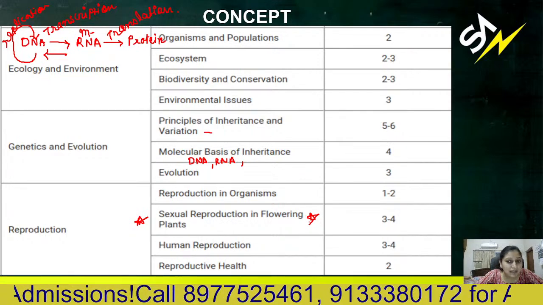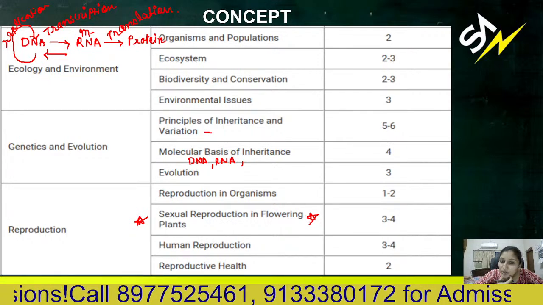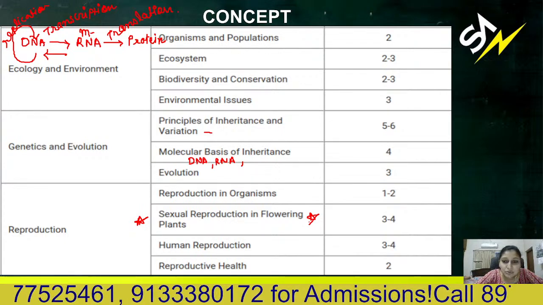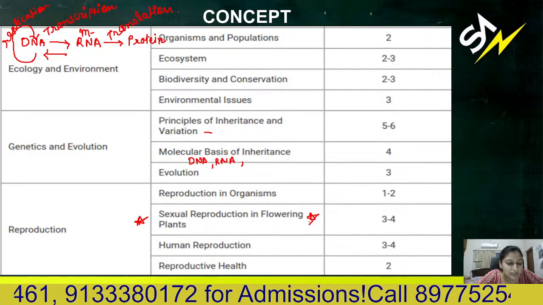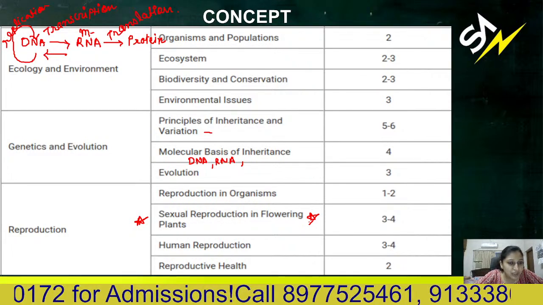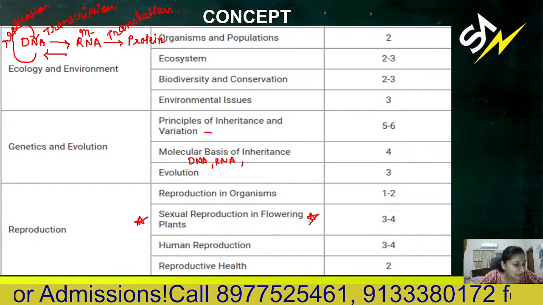I'm not talking about the unit, guys. Chapter. Sometimes they will ask 5 to 6 or 6 to 7 questions from a single chapter. That's why this is a very important chapter, sexual reproduction in flowering plants.